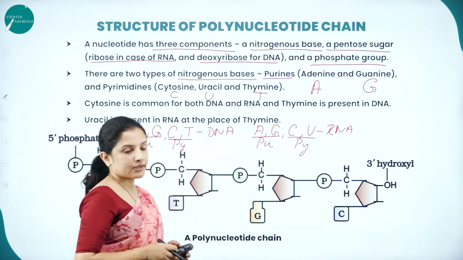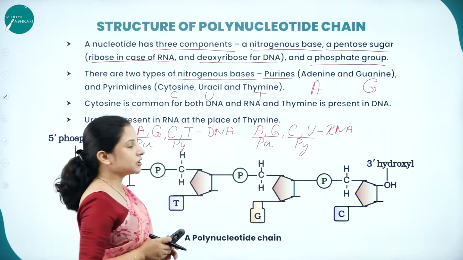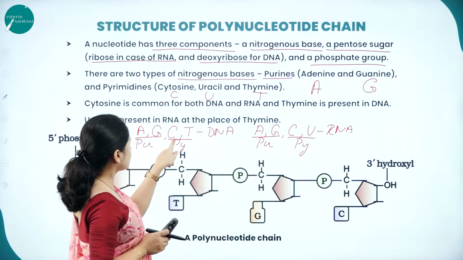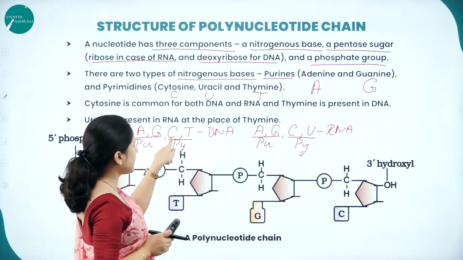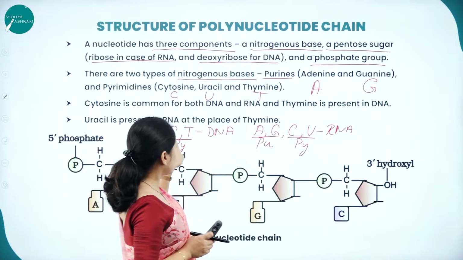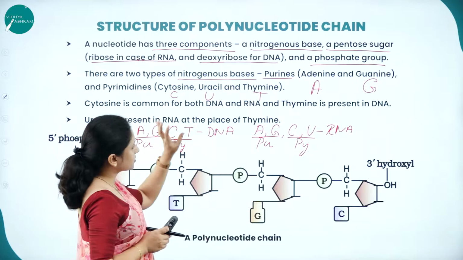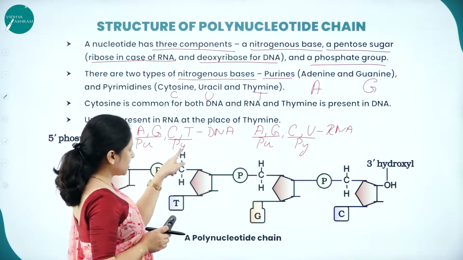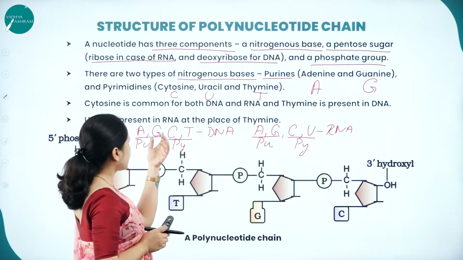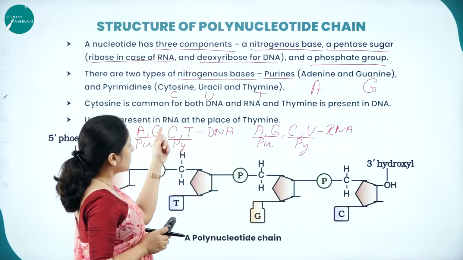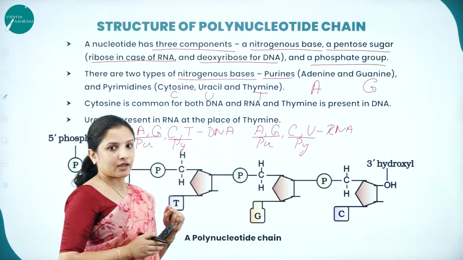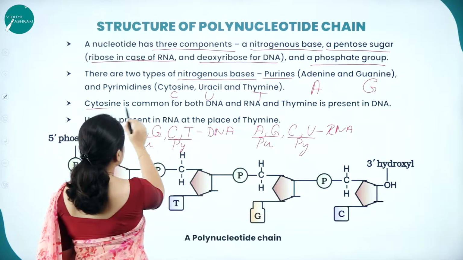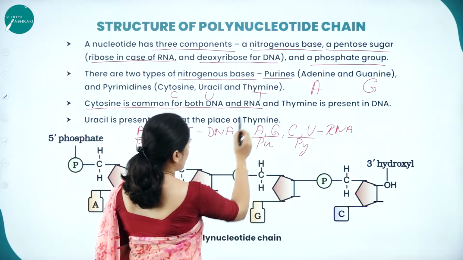So, that is how it is. Cytosine is common in both DNA and RNA, right? Adenine and guanine are common in both DNA and RNA. Likewise, the pyrimidine base cytosine is common in both DNA and RNA.